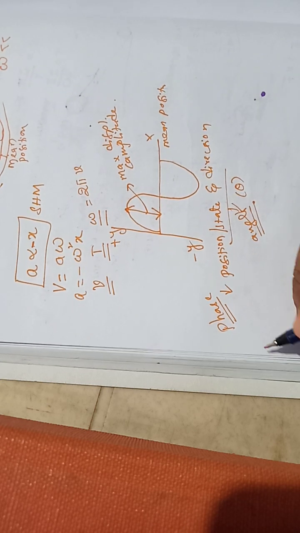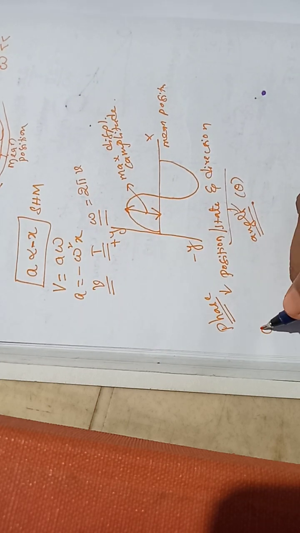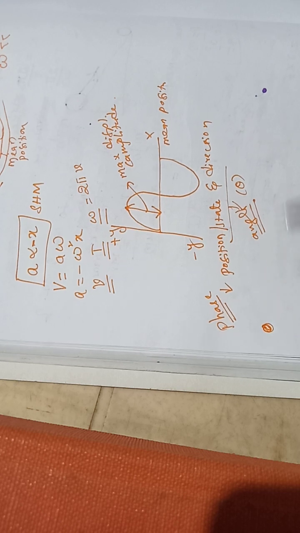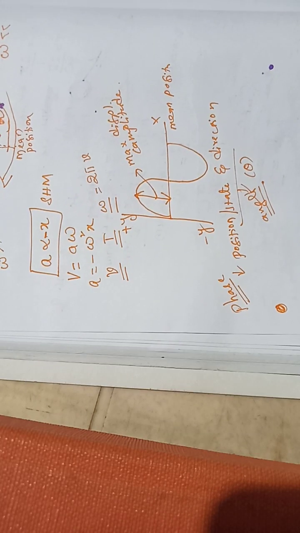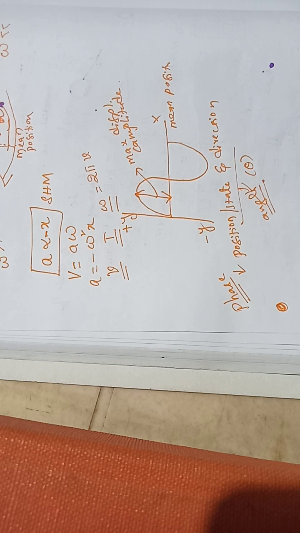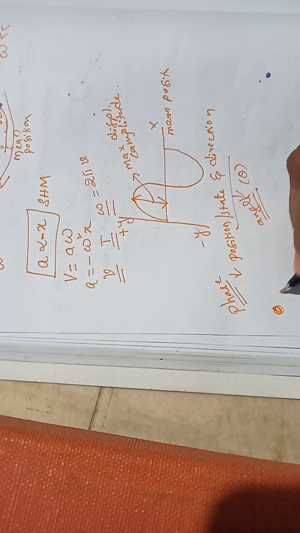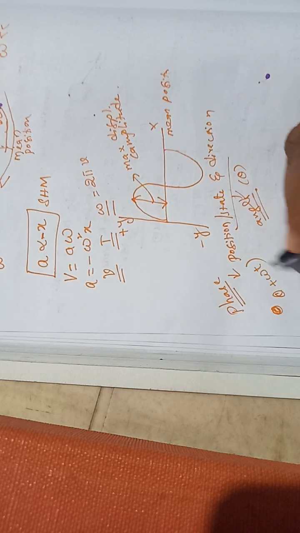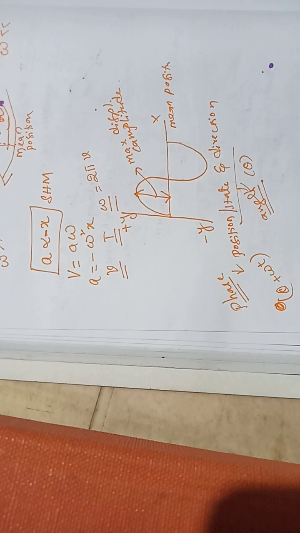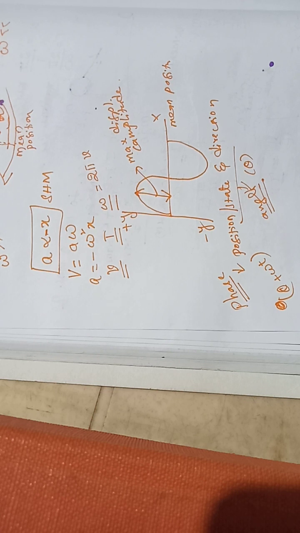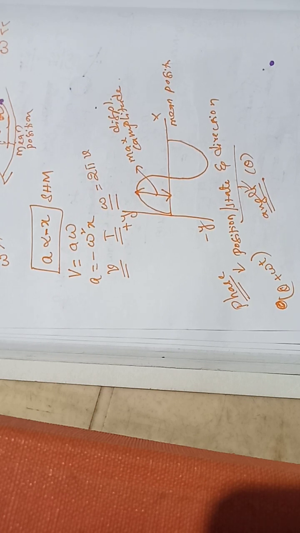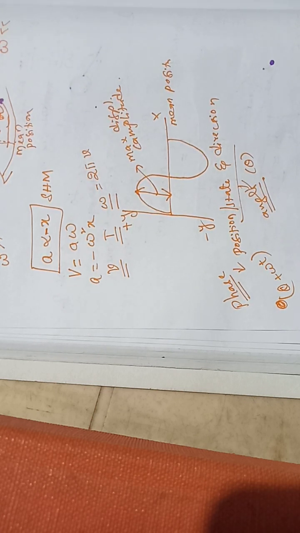Okay, now next, phase difference. If there is a difference of angle or phase between any two particles, we call it phase difference. Now theta plus omega t indicates the phase.